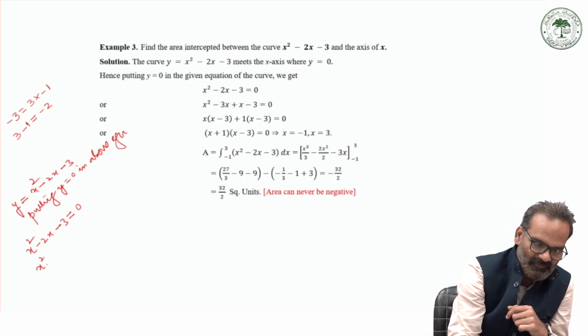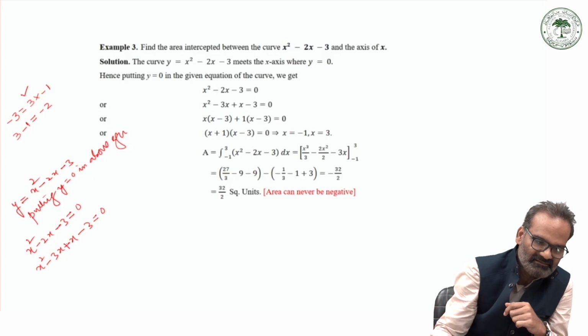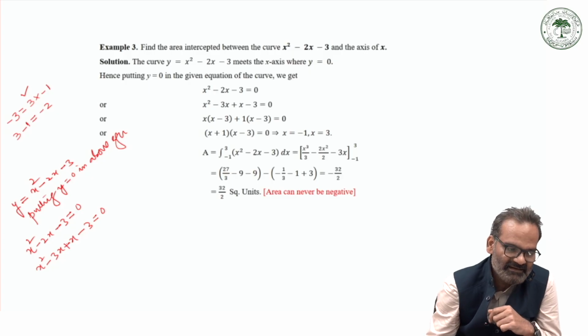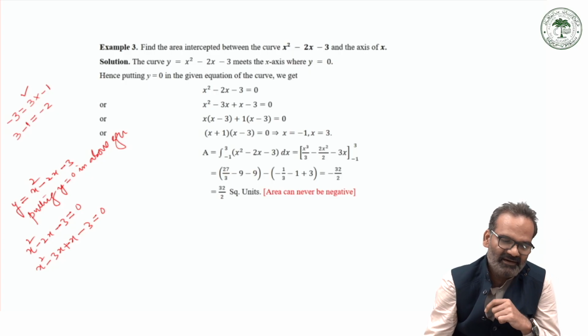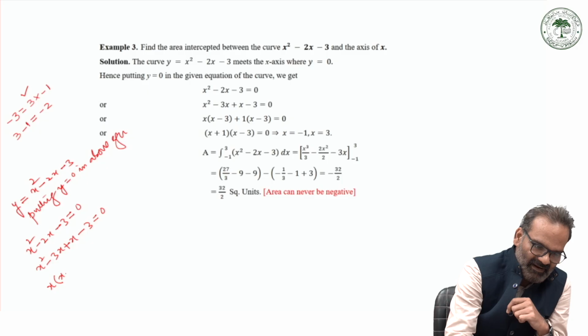x square minus 3x plus x minus 3, which is equal to, sorry, x square minus 3x plus x, you can write as minus 2x, minus 3 equals 0. Now take x common, x minus 3 is here, take plus 1 common, what is left? x minus 3 is here, this equals 0.